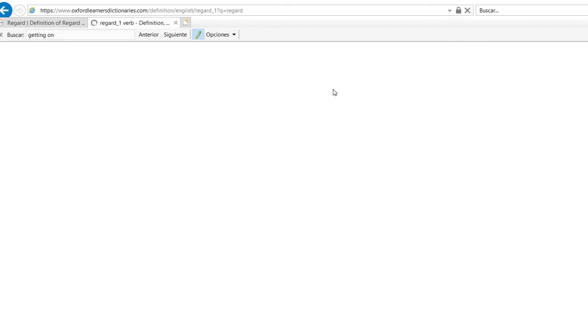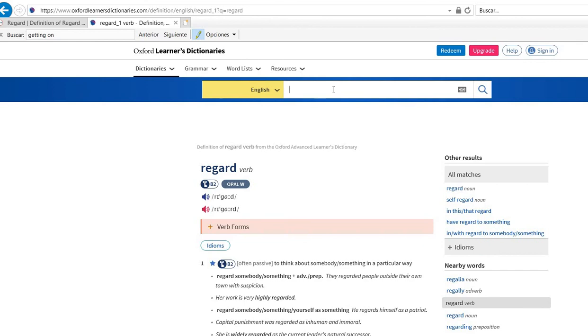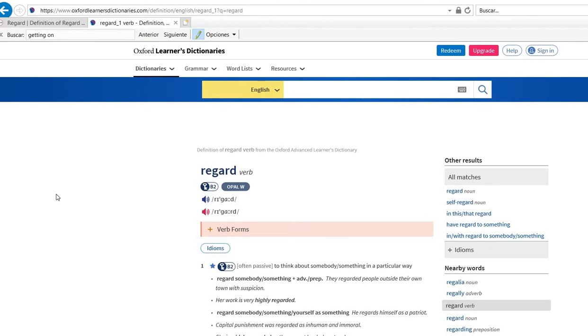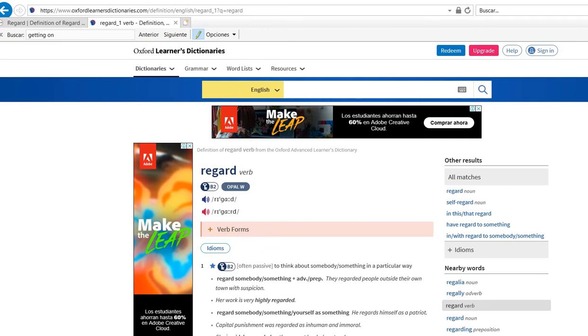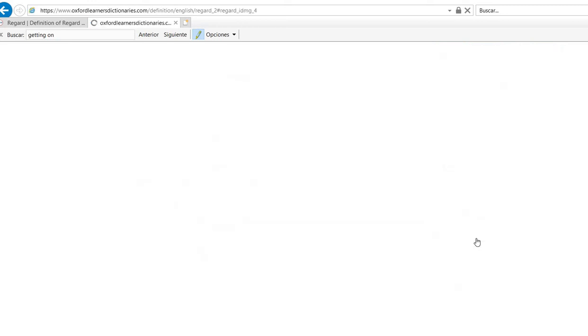So lately, people have been saying in regards to, right? That's very popular now. Now, regard as a verb, right? You regard somebody, he regards himself as a patriot. But here we are using it as a noun, right? In this and that regard, or with regard to somebody or something.